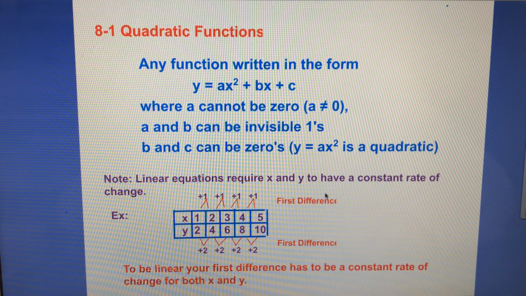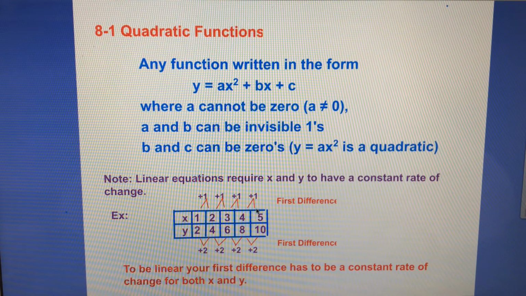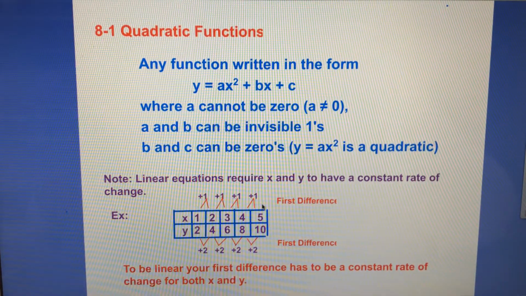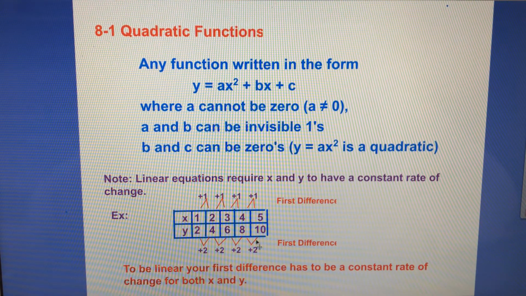Note, remember when we did linear equations? In linear equations, we required that the first difference of the x factors had to have a common difference, and the first difference of all the y factors had to have a common difference.